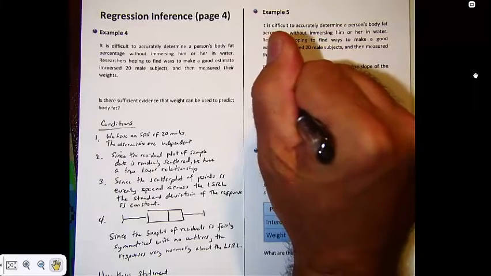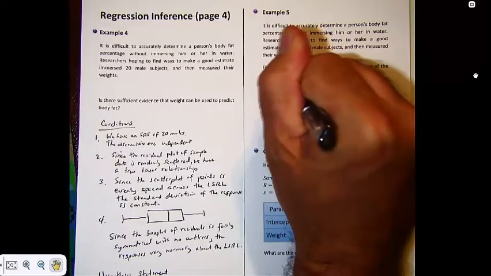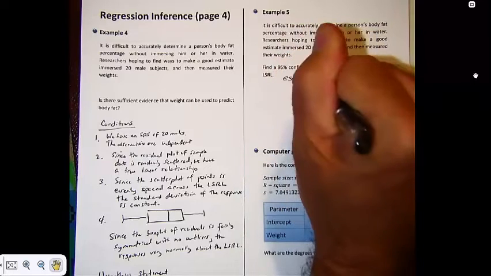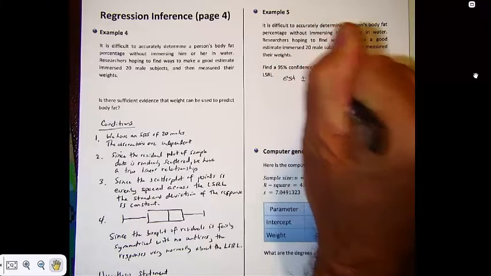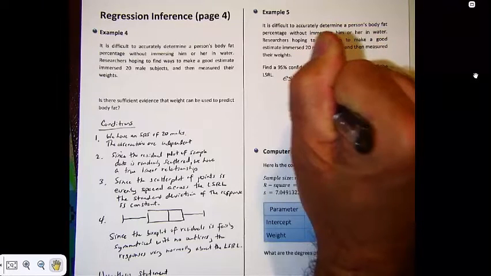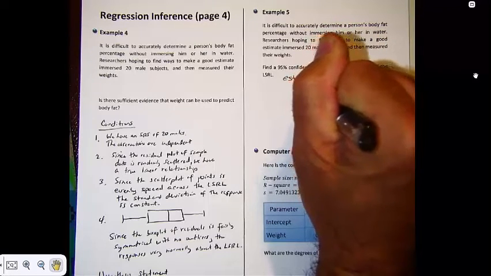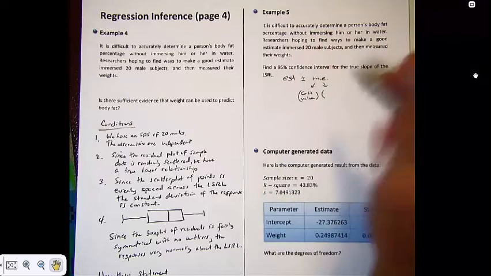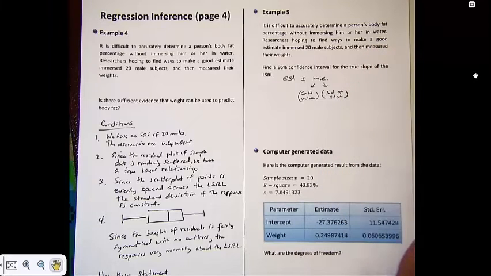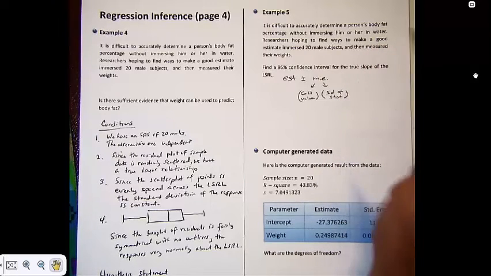Now recall that for a confidence interval, we take our estimate plus or minus our margin of error. And our margin of error, once again, is made up of two pieces. It's made up of the critical value times the standard deviation of the statistic that we're using to estimate the parameter.